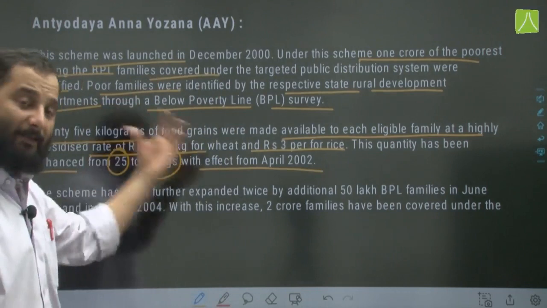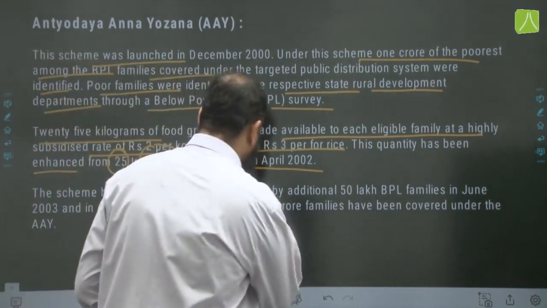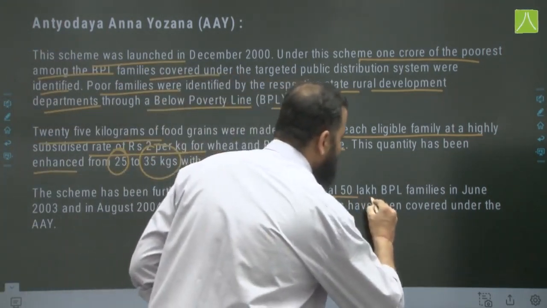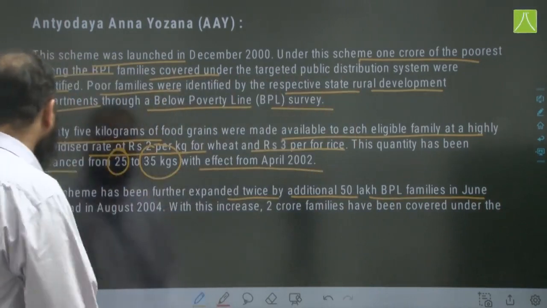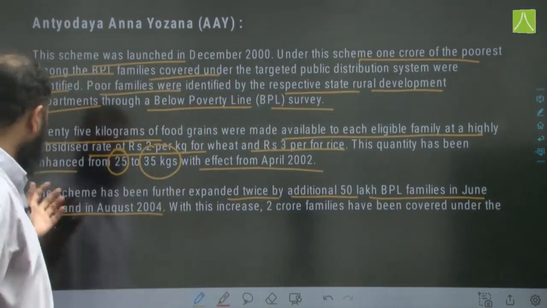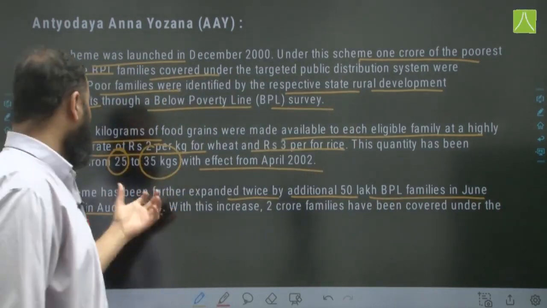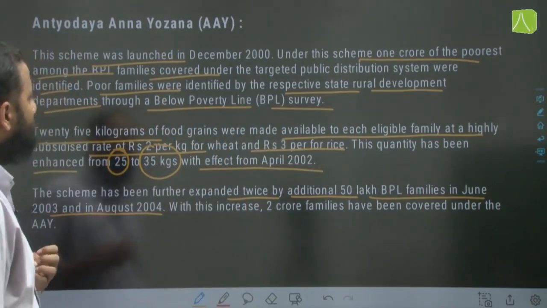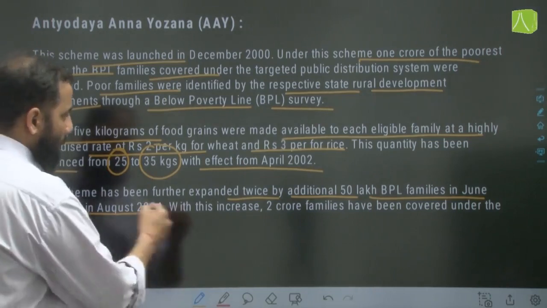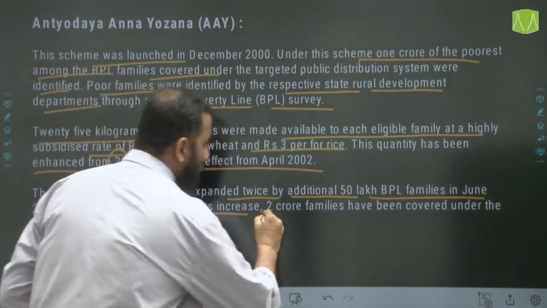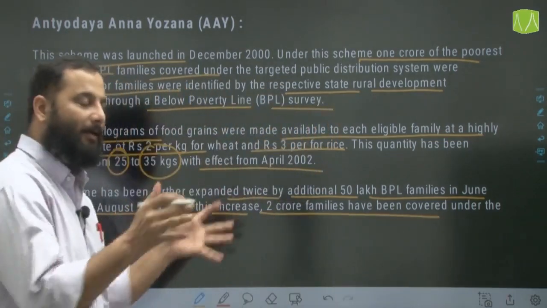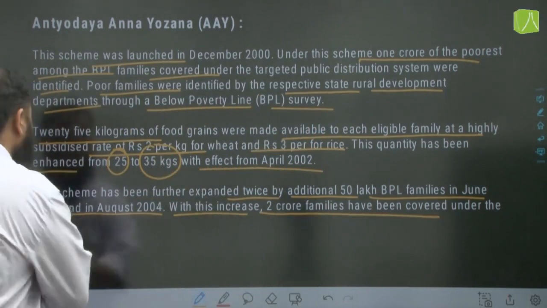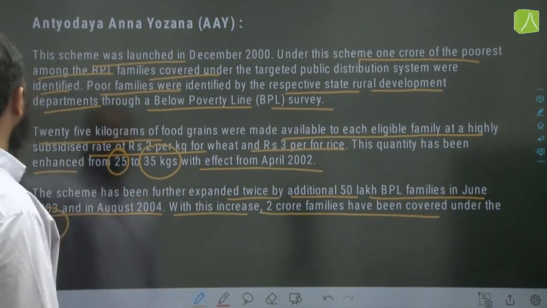The scheme was expanded twice by an additional 50 lakh BPL families in June 2003 and in August 2004. With this increase, almost 2 crore families have been covered under the Antyodaya Anna Yojana.